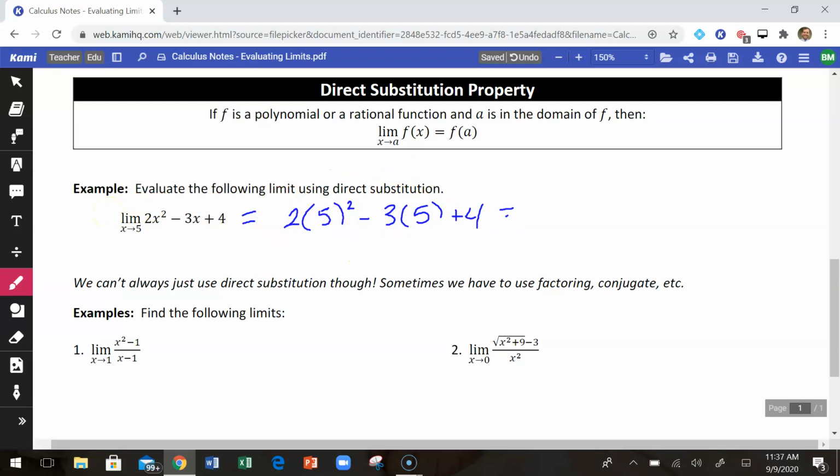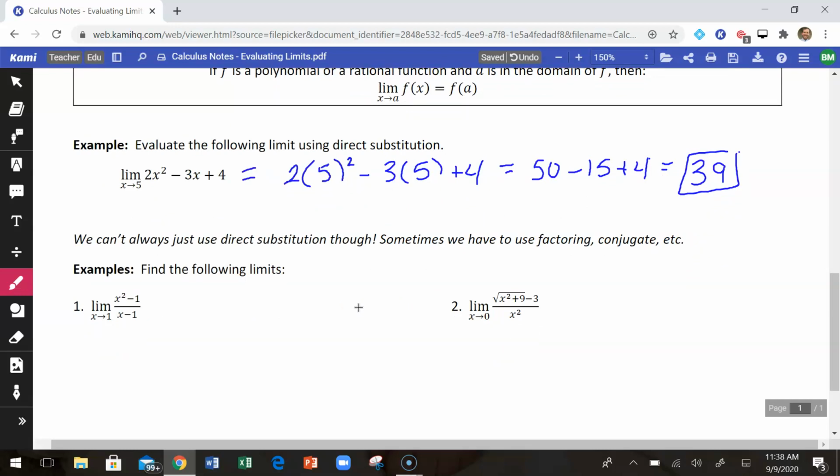Okay, so if I evaluate this, I have 50 minus 15 plus 4, which would be 39. So what that's telling me is with the graph of this function, 2x squared minus 3x plus 4, if my x's get really, really close to 5, my y values are getting really close to 39.